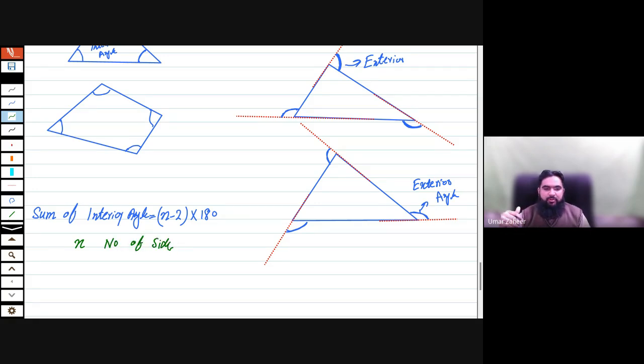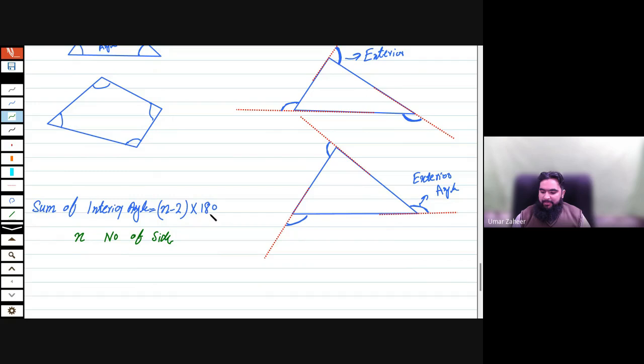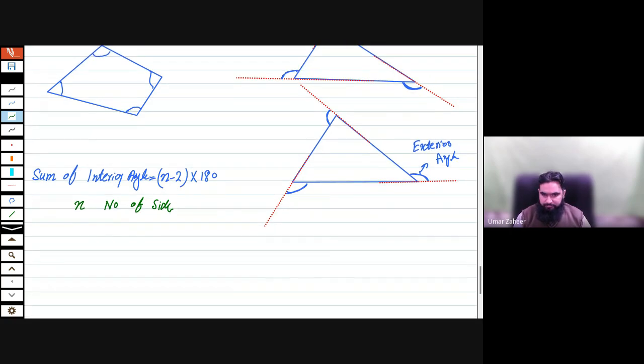The smallest polygon is the triangle. So 3 minus 2 is 1, multiplied by 180, so that's 180 degrees. In the same way, for a quadrilateral, 4 minus 2 into 180, and so on. Obviously, we are going to discuss more about this formula.